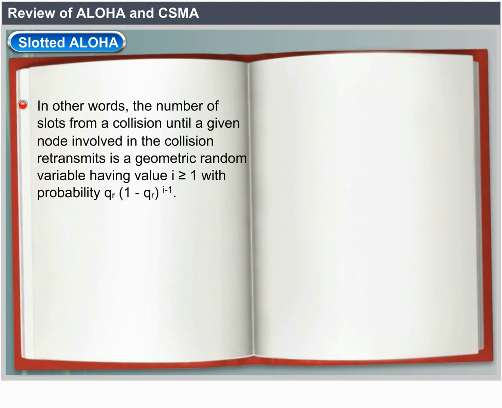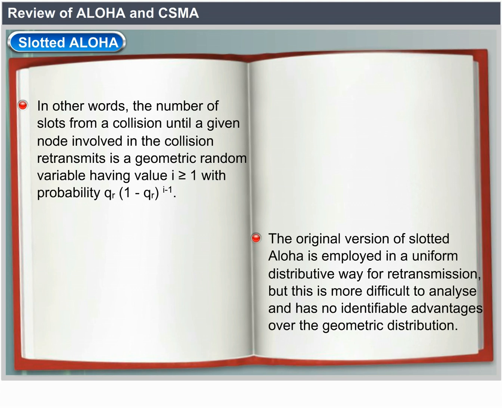In other words, the number of slots from a collision until a given node involved in the collision retransmits is a geometric random variable having value i greater than or equal to 1 with probability qr(1 - qr)^(i-1). The original version of slotted Aloha employed a uniform distribution for retransmission, but this is more difficult to analyze and has no identifiable advantages over the geometric distribution.